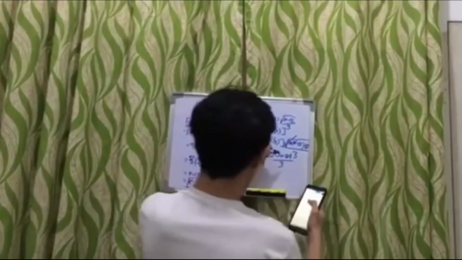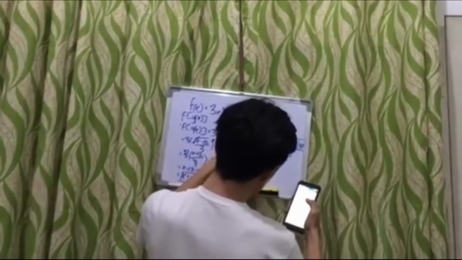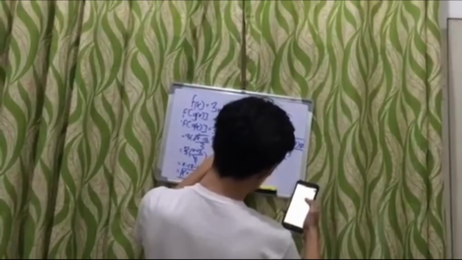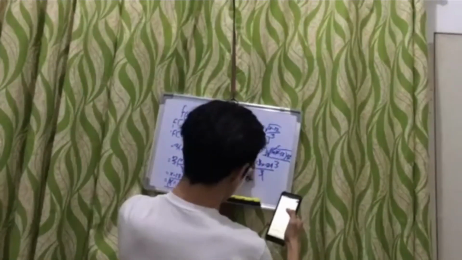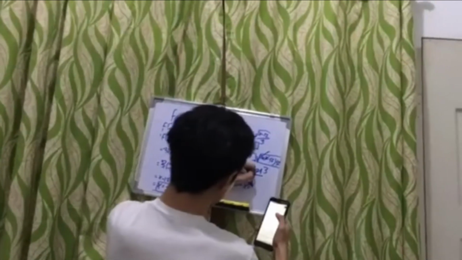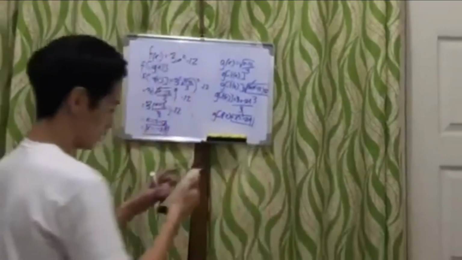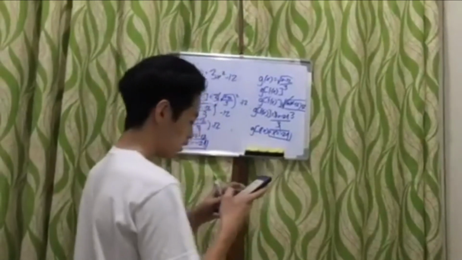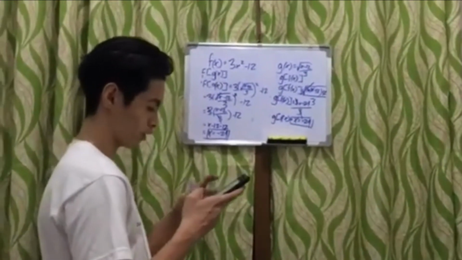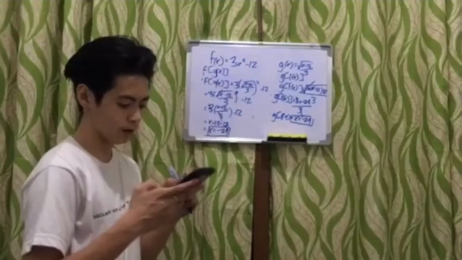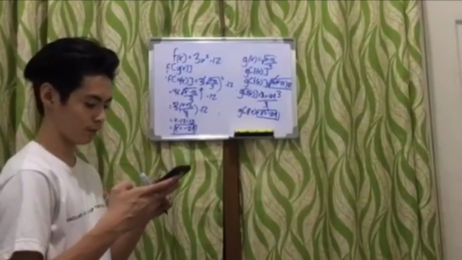Then cancel again 3 and 3. That is g of f(x), x equals negative 24. So this will be our answer, which is wrong. Both are x equals negative 24. Therefore, the pair in our example number 5 are not inverses of each other.